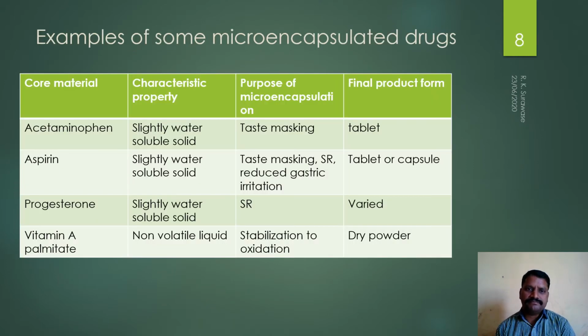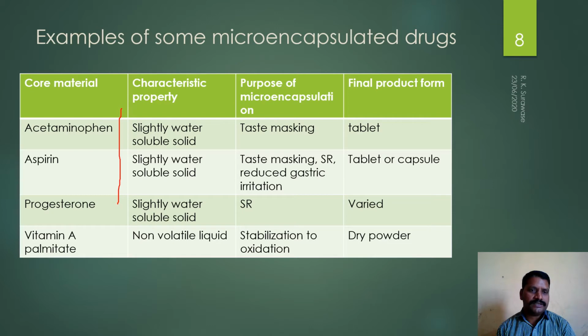So these are some examples of microencapsulated drugs. Core material, then the characteristic property of this core material, the purpose of microencapsulation, and the final product form. Acetaminophen: a slightly water soluble solid, the purpose of microencapsulation is taste masking, and the final product form is a tablet.